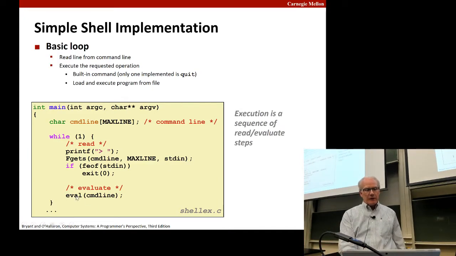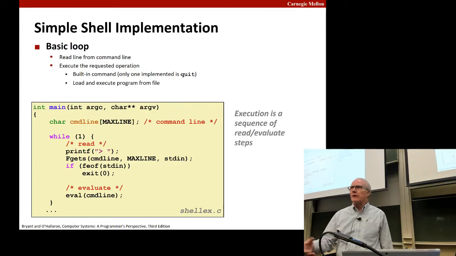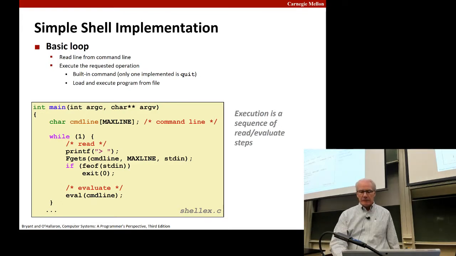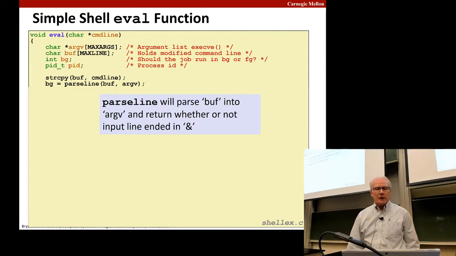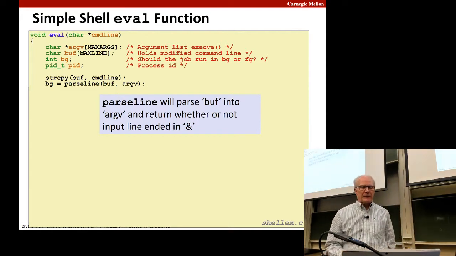Otherwise, you want to evaluate this command line. And once it's done evaluating that command line, it will jump around and do the next. So it's a standard interpreter: you read something, you do something with it. So let me just go through pieces of this. The interesting function is this one called eval, and let me just step through parts of it.